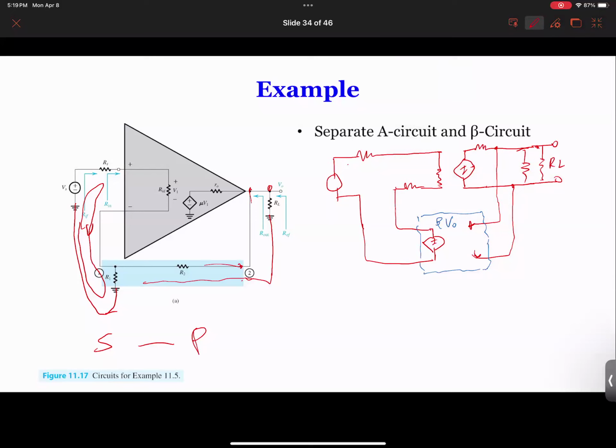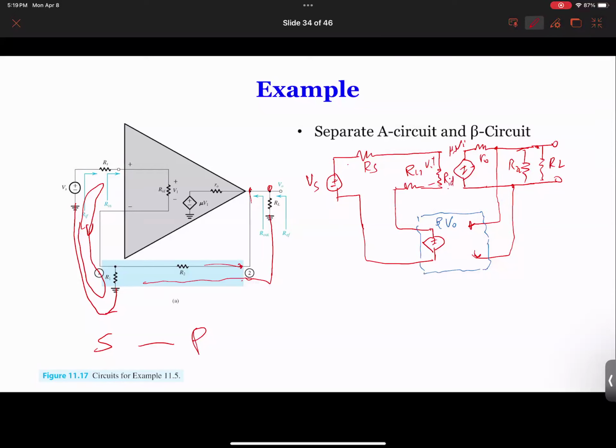This is our RL, this is R22, this is RO, this is our R11, and this is our RS, this is VS. And this one is mu times VI. VI is from here to here, so it's mu times VI.